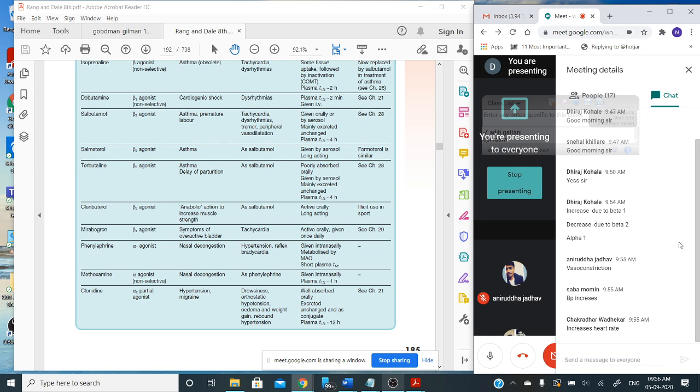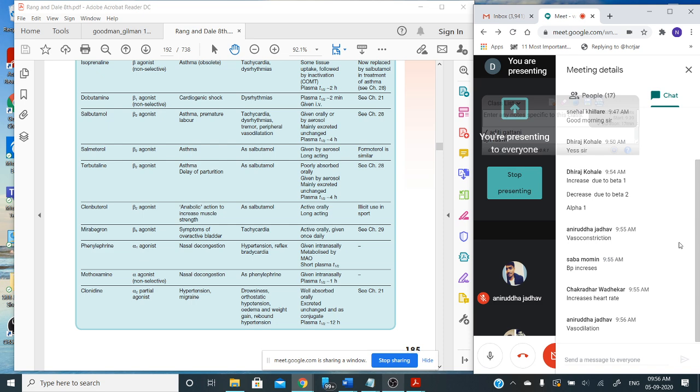When the alpha 1 blocker was given, he found only a decrease in blood pressure, because alpha 1 vasoconstriction was not there and beta 2 mediated vasodilation was comparatively more. So because of the beta 2 mediated vasodilation, there was only a fall in blood pressure.